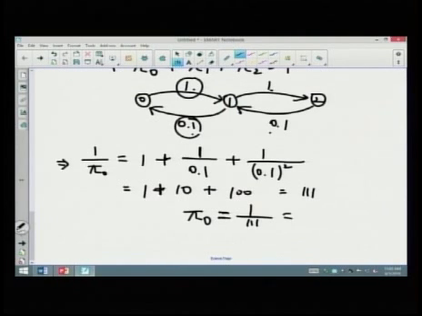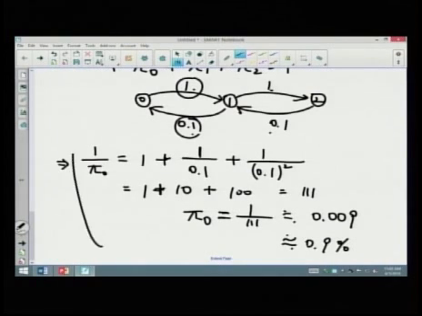So I believe that's the same value that we got. Is that 0.009, right? Earlier. Is that correct? Right? So I just say it's about 0.9%. So we come up with the same result.